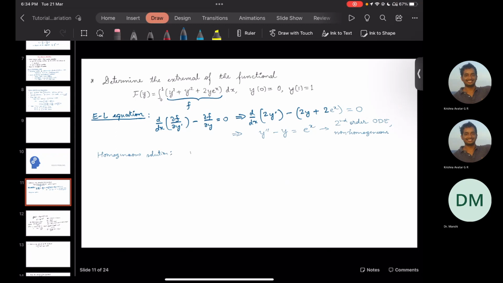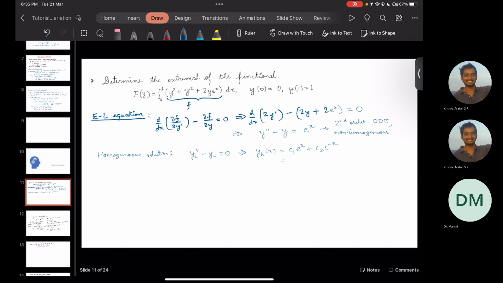Okay. Now let's find the homogeneous solution. For that, we need to solve y double prime minus y is equal to 0. And you recall very well that the solution of an equation of such type is y(x) equal to c1 e to the power x plus c2 e to the power minus x.